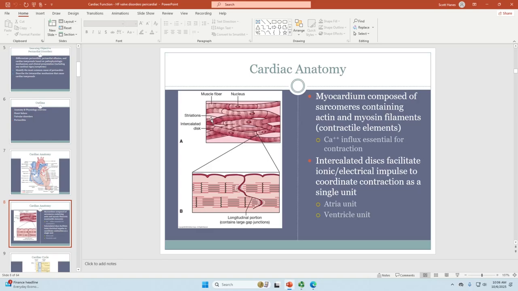So the two units that are electrically separated to a certain extent are the atria and then the ventricles. Okay, so the whole heart isn't contracting at the same time. First the atria contract, then the ventricles contract. So that's a synchronized event. But within the atria, within the ventricles themselves, the electrical conduction is so fast, facilitated by these intercalated discs, that it's an instantaneous, coordinated, synchronized contraction of each of those units. Okay?